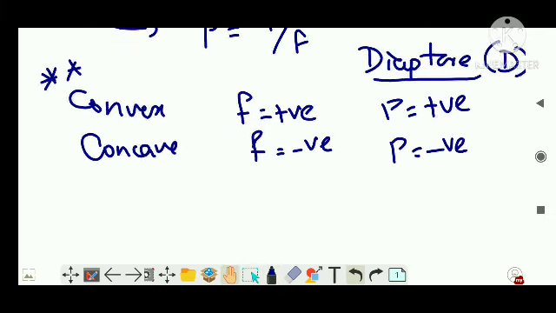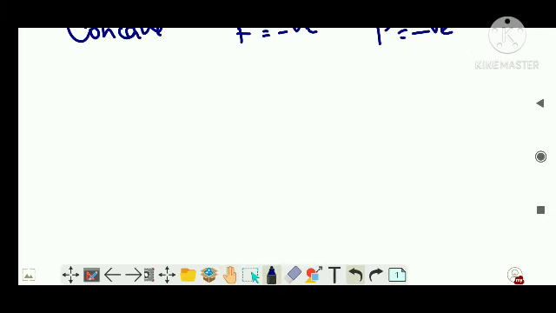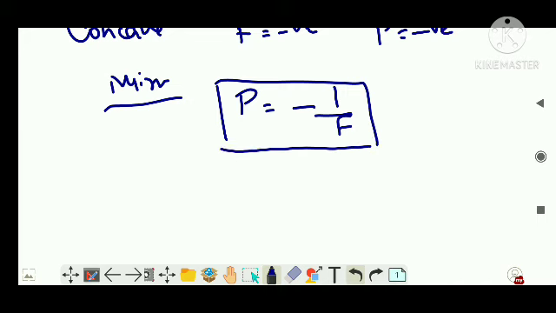Now the power is there for what? Our initial topic which we have learned is mirror, right? So in the case of mirrors, the power becomes -1 by F. It is not +1 by F but -1 by F. Clear? So in case of lens it is +1 by F, and in case of mirror it is -1 by F. Right? So here also there are two mirrors, concave and convex mirror.